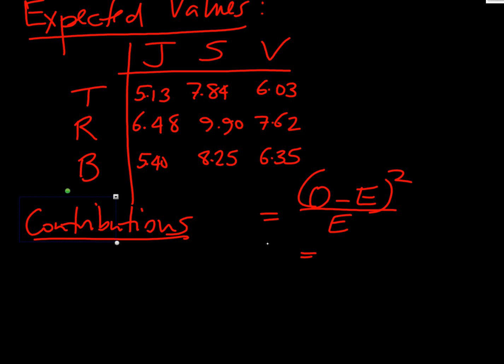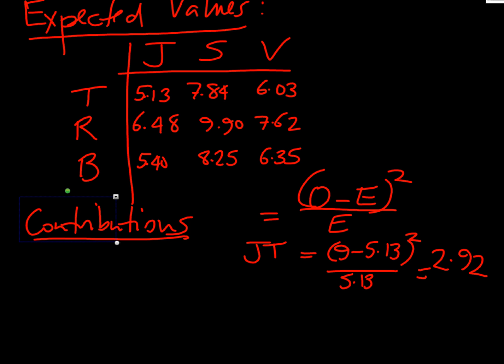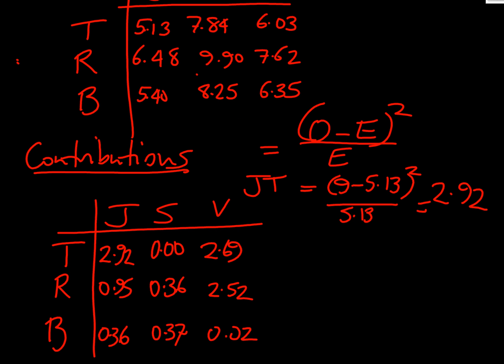So this is JT, it's going to be 9 minus 5.13 all squared over 5.13, which using our calculator would give us a value of 2.92. So I'm now going to go through and make up a table of all of these and put it underneath here.